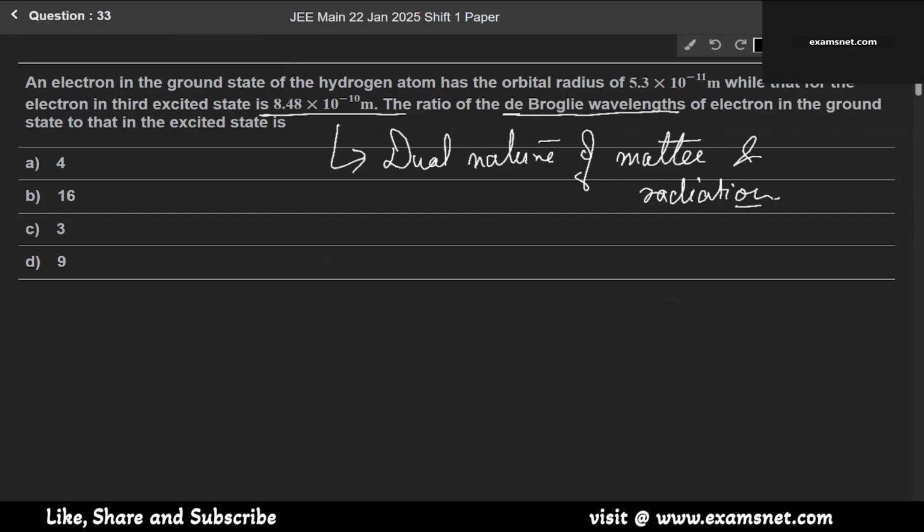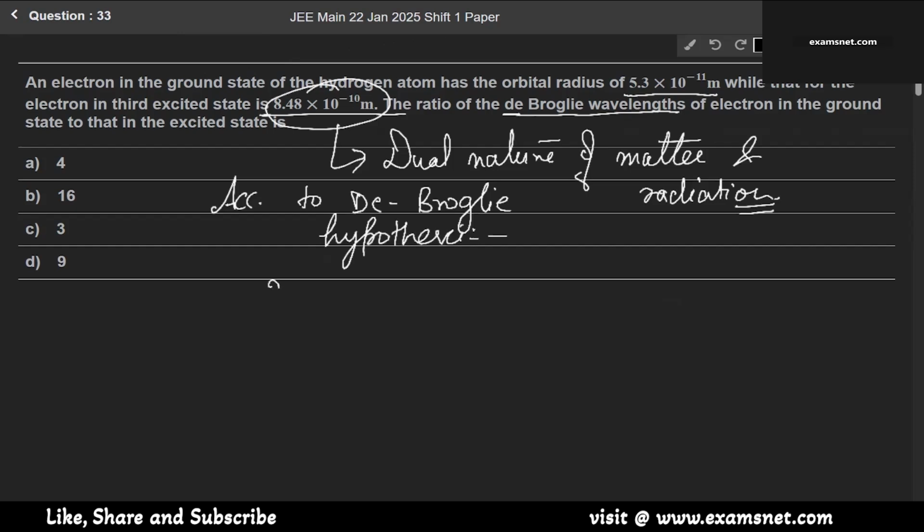Now we are given the orbital radius of hydrogen atom in the ground state and in third excited state, which is 8.48 into 10 to the power minus 10 meters. According to de Broglie hypothesis, 2 pi r for the nth state radius equals n lambda.